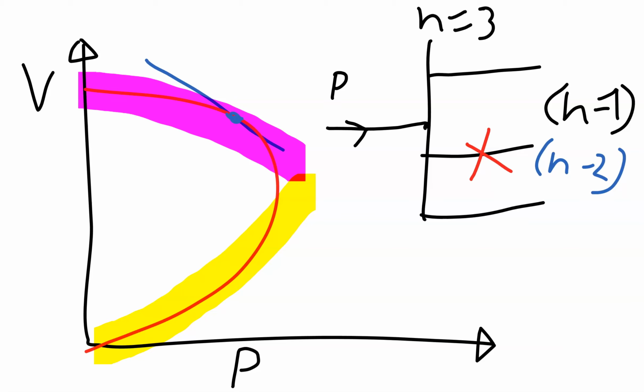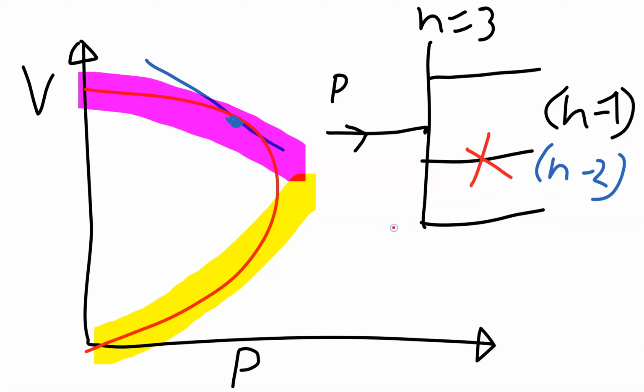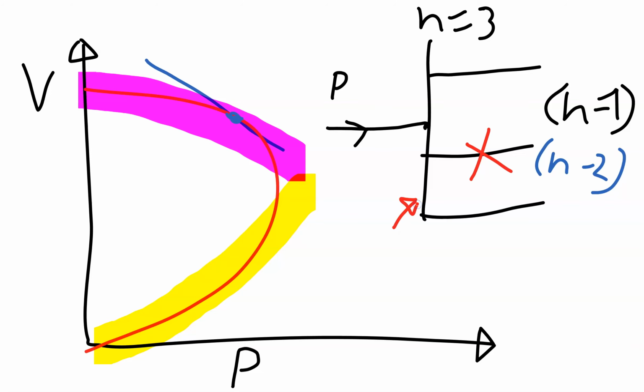Another thing is the node voltage. If this is a node in a bus system, we have some kind of constraints on the voltage level.